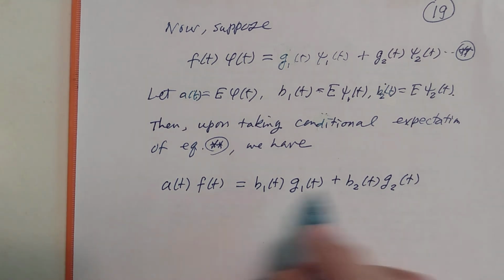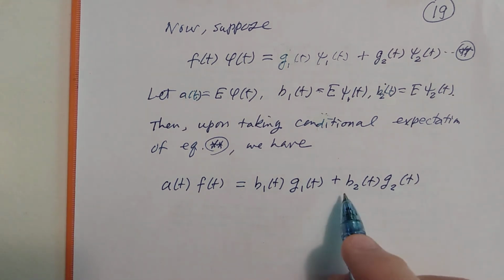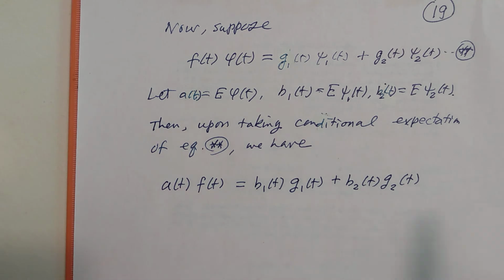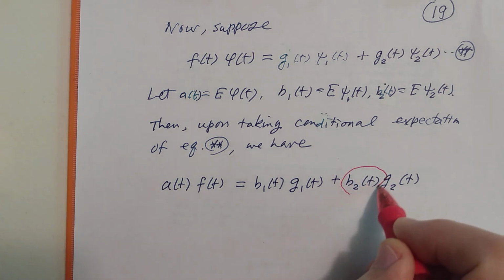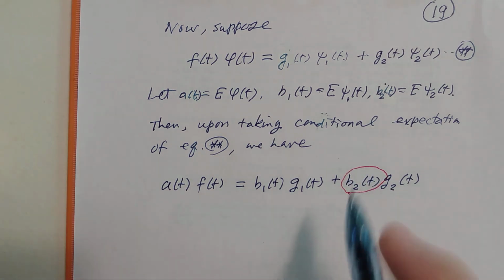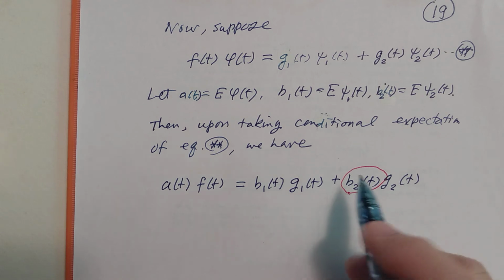And now we divide both sides by B_2. And again, we may assume that this is non-zero.